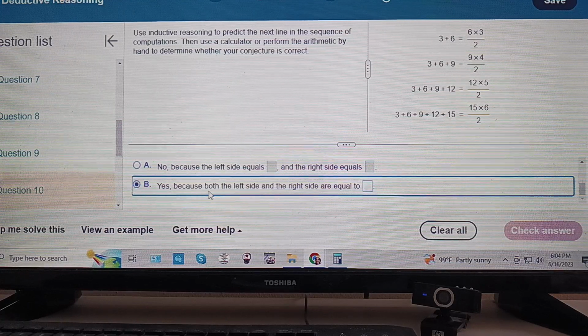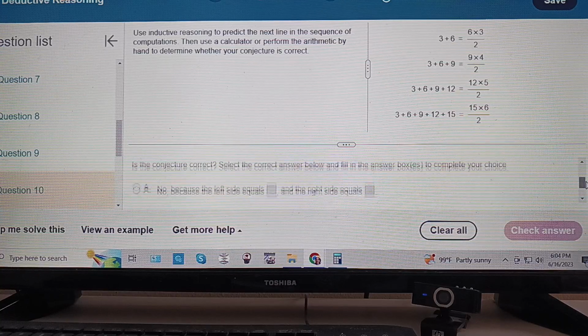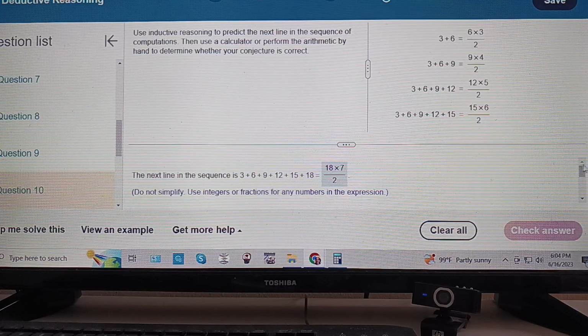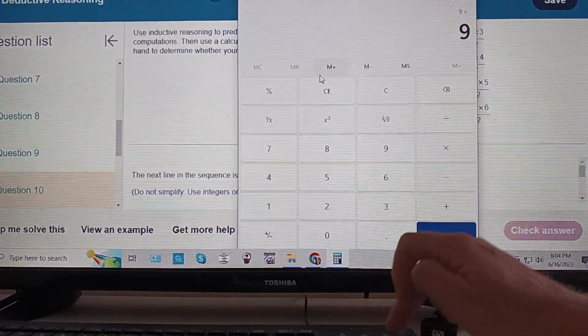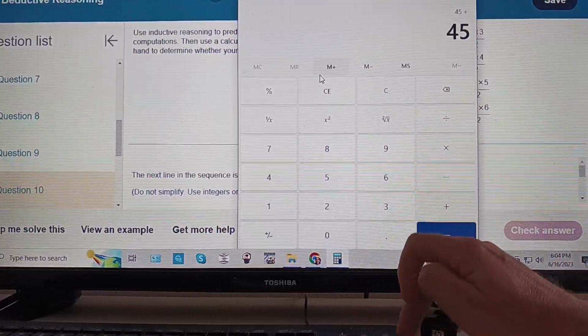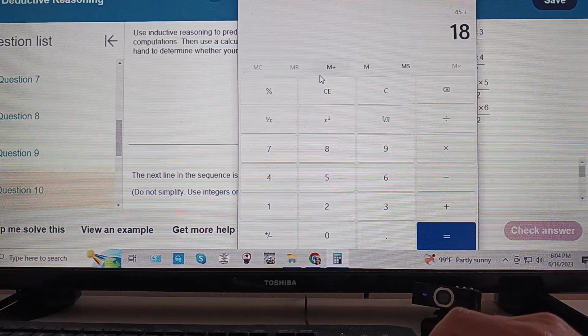So yes, because both the left and the right side are equal to, I guess they're talking about the one that we eventually did. So 45 plus 18, if I did mine, 3 plus 6 plus 9 plus 12 plus 15, there's 45 plus 18.